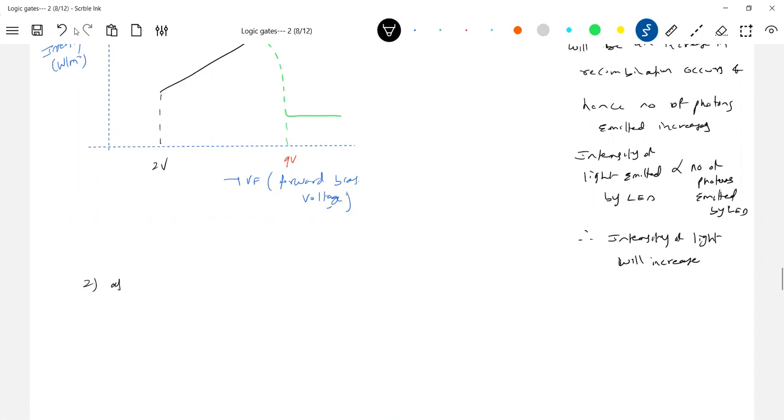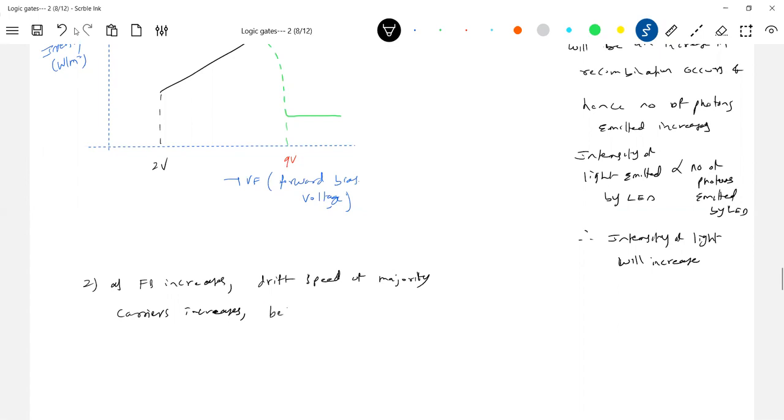As forward bias increases, the speed of majority carriers will increase.